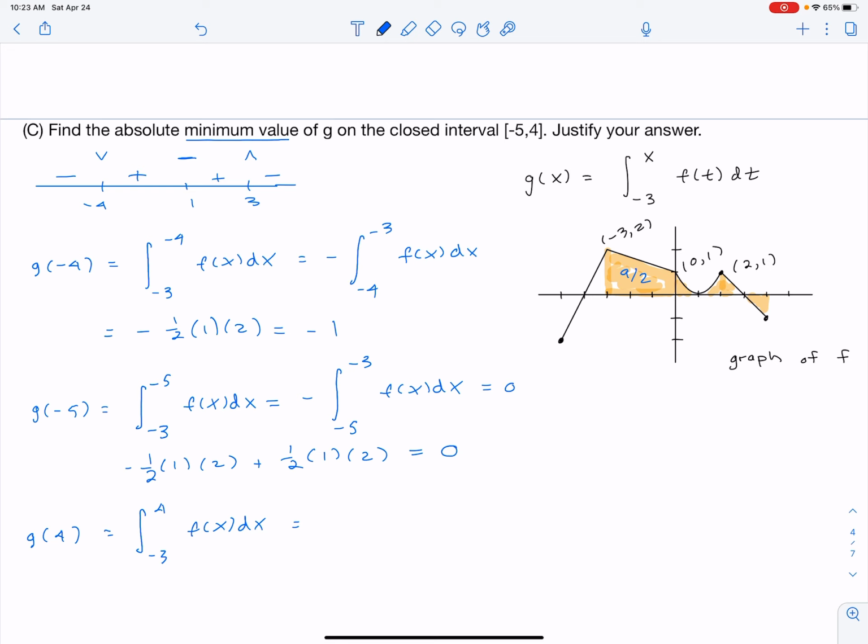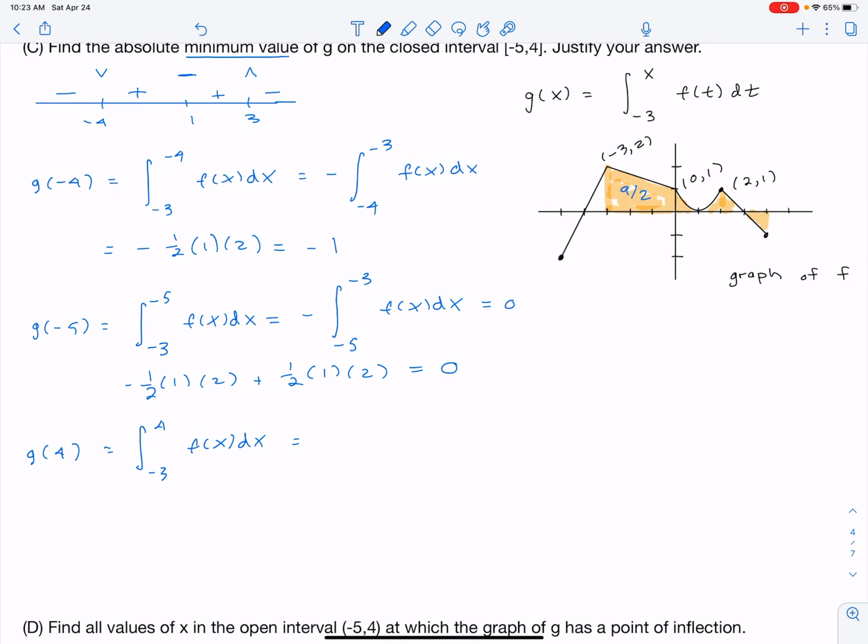If you wanted to be really explicit, showing exactly what we do, you could break this up into a bunch of pieces. You could say, okay, this is the definite integral from -3 to 0 of f of x dx, plus the definite integral from 0 to 2 of f of x dx, plus the integral from 2 to 4 of f of x dx.